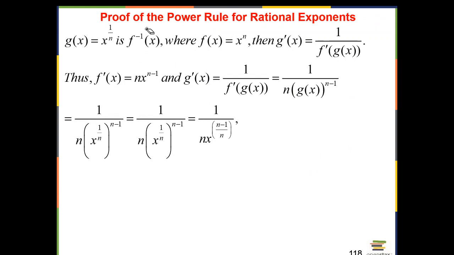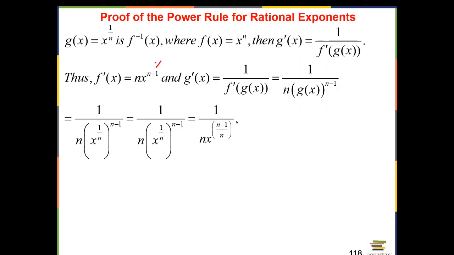All right, now the proof of the power rule for rational exponents. So what we want to do first, we're going to look at x to the 1/n, right? Can we use the power rule? The answer is yes. How do we prove it? Well, here's what we do. We're going to think of x to the 1/n as the inverse of x to the n, right?